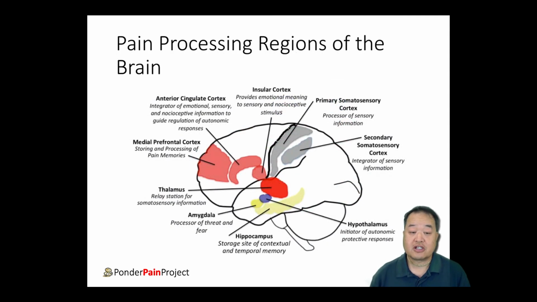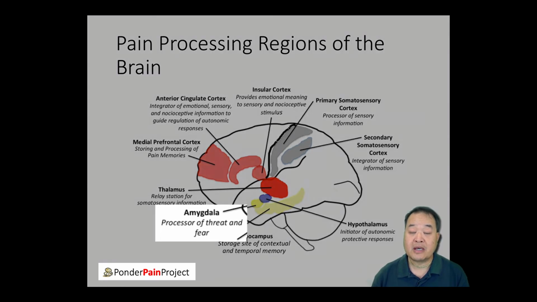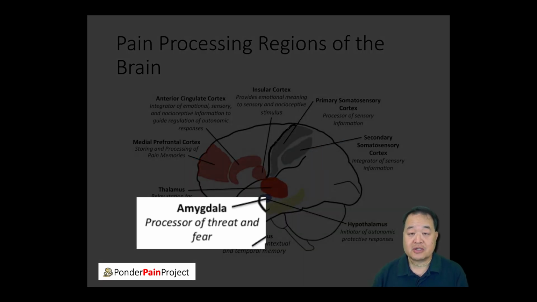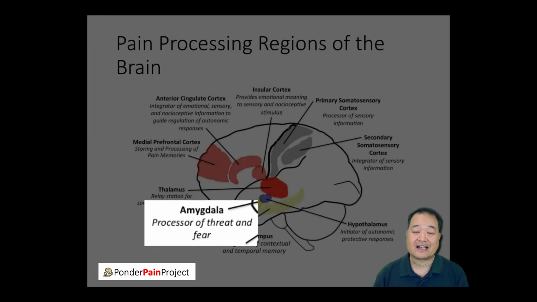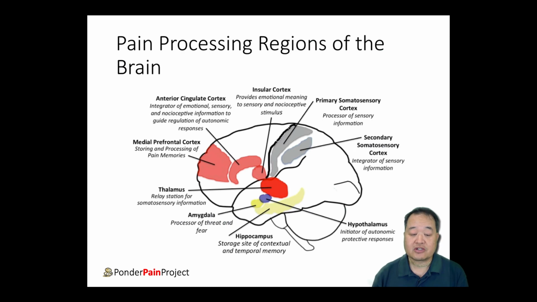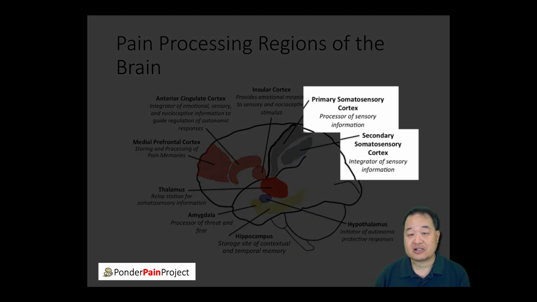So as we start to look at these special areas responsible for processing pain, what are they supposed to do and why are they important? Well, remember we first start to talk about the amygdala. The amygdala is important because it's an important memory structure. But in addition to memory, it's an important threat and fear processing structure. And we'll talk about why that's important in the future. We'll start to see the primary and secondary somatosensory cortex.